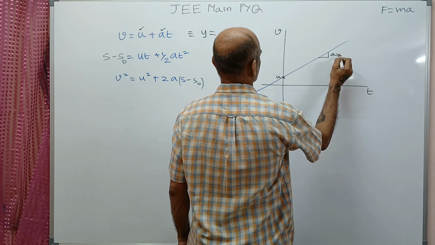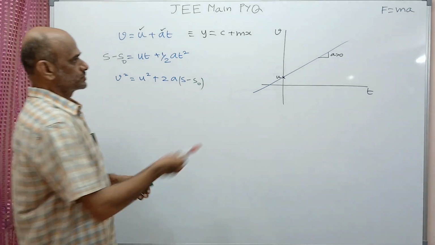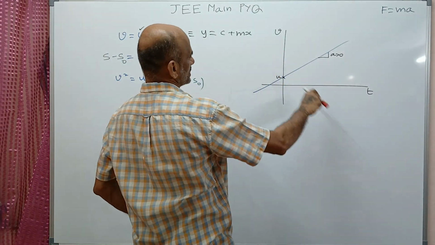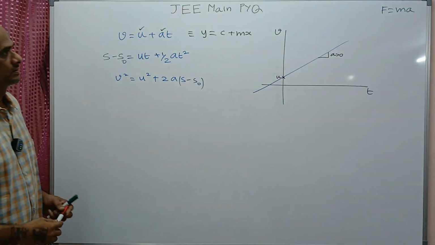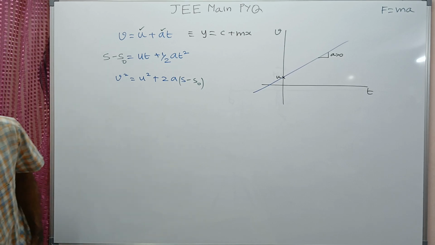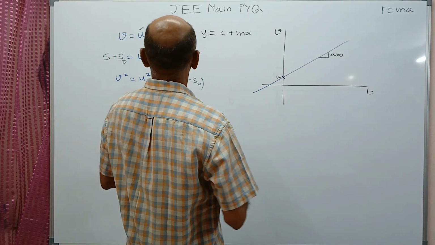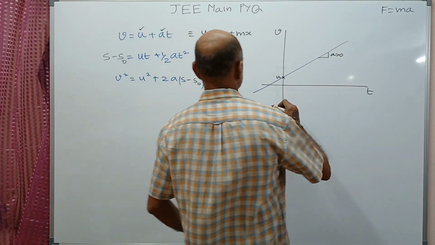is positive. A line with positive slope will look like this; with negative slope it will go down. Another case of this graph could be like this.